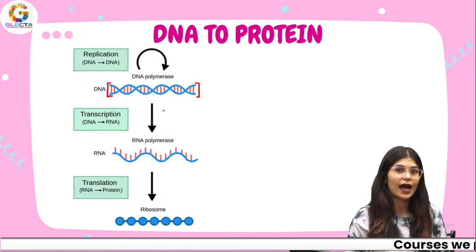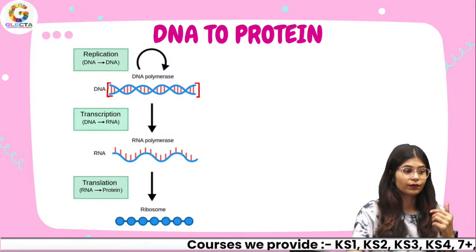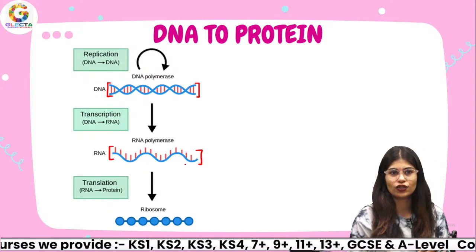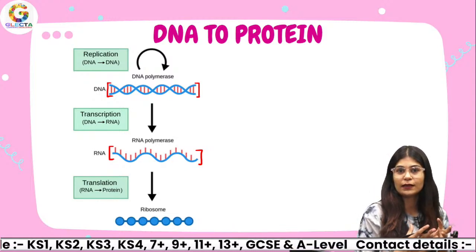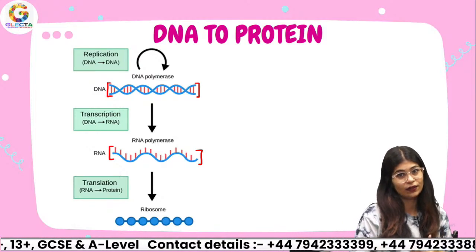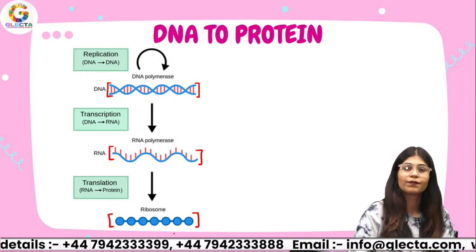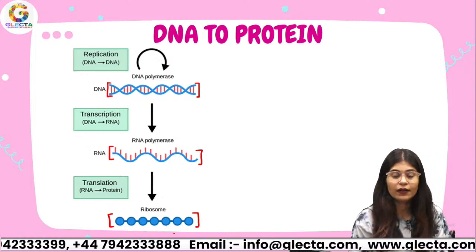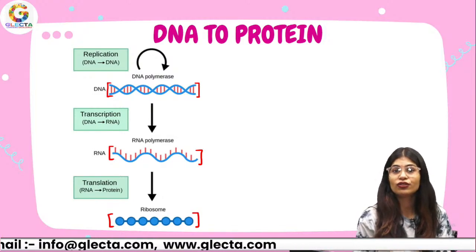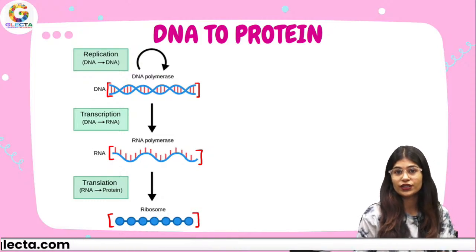So if I am able to somehow get the codes of the DNA copied onto something that's not double helix and it's not that big, maybe I would be able to get those codes out from the nucleus. And then once I get them out of the nucleus, I can make proteins out of those. And whatever my proteins say, my body would do. This is the central dogma of our body. Everything in our body works according to this.